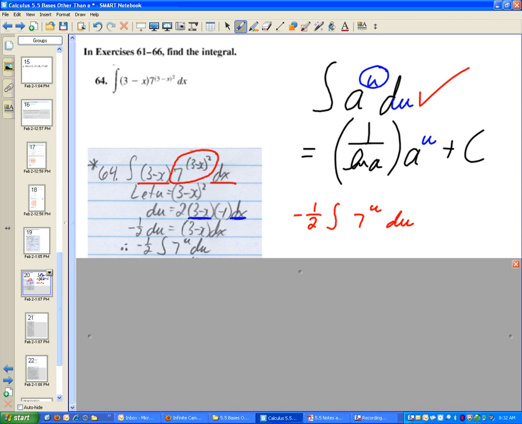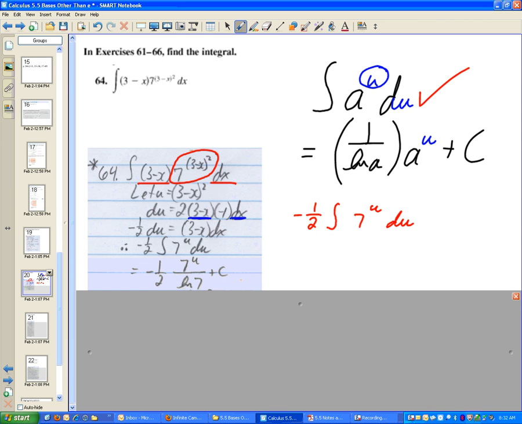So we've got the negative 1/2 out in front. And then the integral of a to the u du is 1 over the natural log of a. So 1 over the natural log of 7 times a to the u. So times 7 to the u. I just stuck it in the numerator. Plus c.